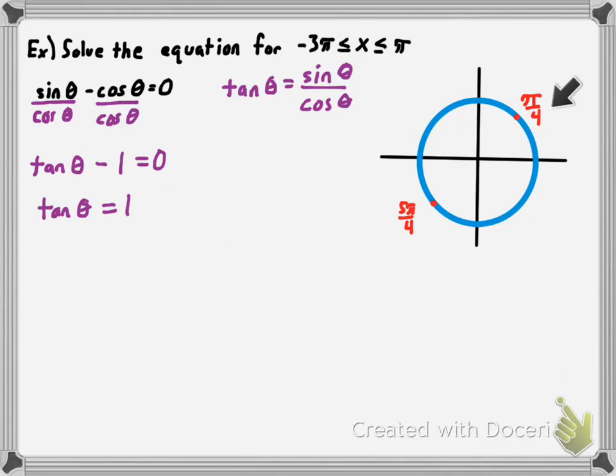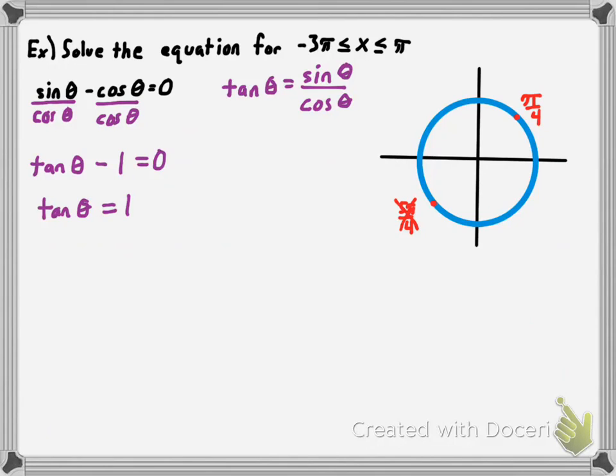All right, so these are the two positions on a unit circle where we have angles whose tangent is equal to 1. Now, I do want you to notice that only one of these actually fits within our domain though, right? 5 pi over 4 is 1 1/4 pi, and that's bigger than pi, so that's a little too big. I'm going to put a little X through that. We're not actually going to be able to use it.